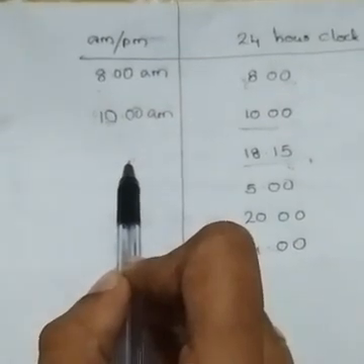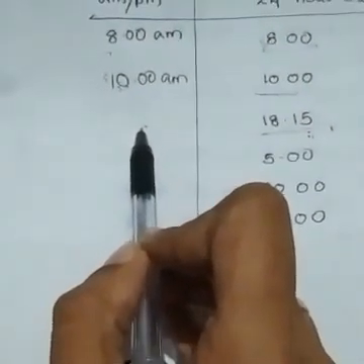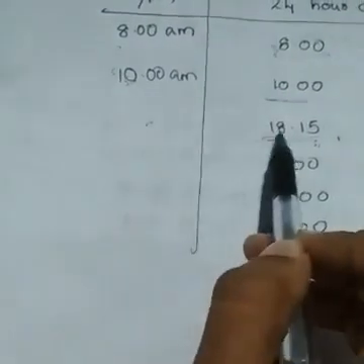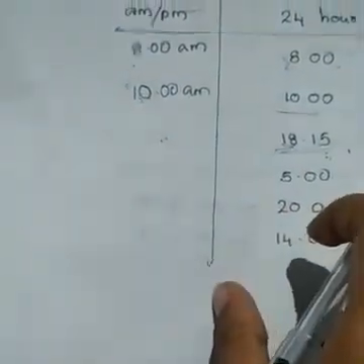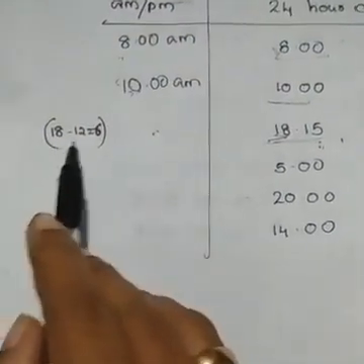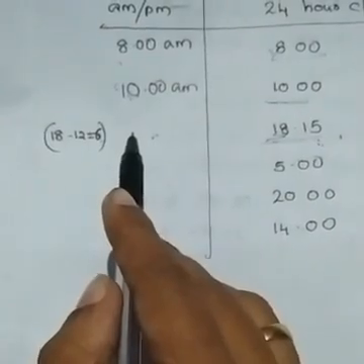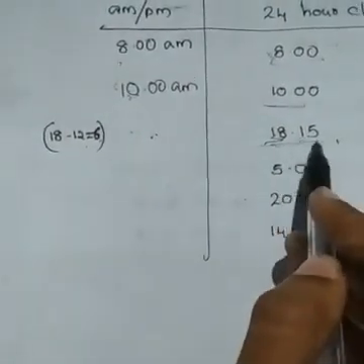Yes, subtract 12 from 18. What is the answer? 6 is the answer. 18 minus 12, 6. So, here our answer is 6:15.